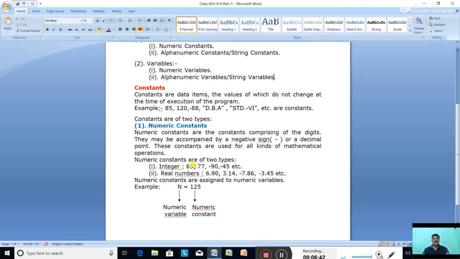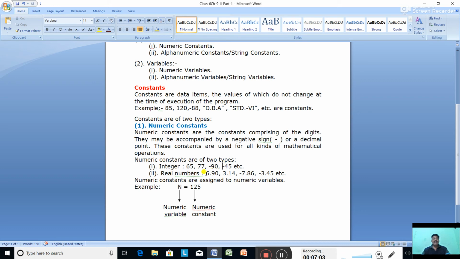It has no decimal part. 77 is an integer constant because it has no decimal part. Minus 90 is an integer constant, no decimal part. Minus 45 is an integer constant. So these are called integers, without decimal.